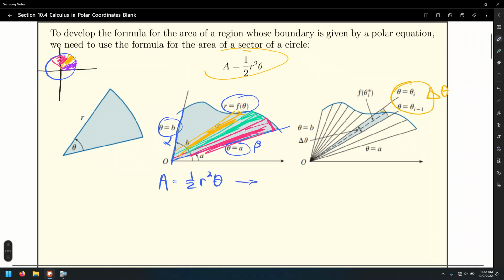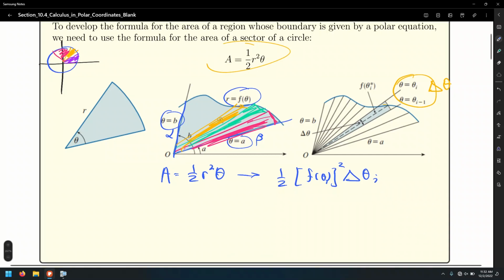In our situation, this r is going to be the function f of theta, quantity squared, but this theta is not theta per se. It's actually going to be our delta theta, and let me call it delta theta sub i, because it's the ith sector. I could use the first sector, the second sector, the 57th sector, the 35,024th sector, whatever it is, and from there add infinitely many of those.